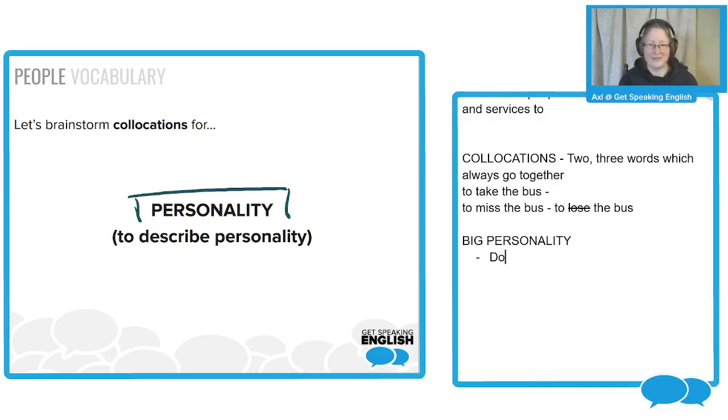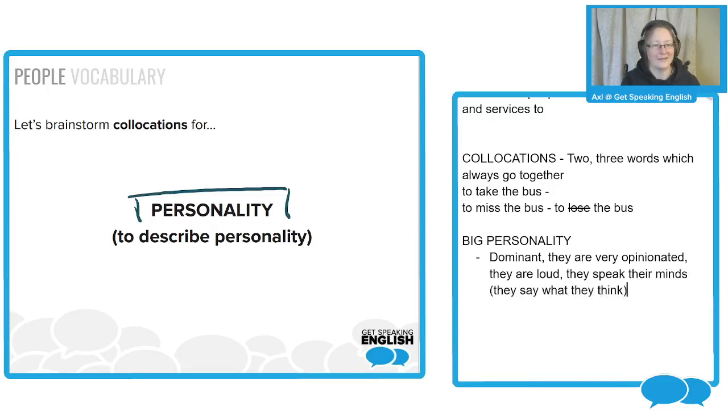They're very dominant, maybe very opinionated. They are loud, they speak their minds, so they say what they think. So, for example, she has a really big personality.